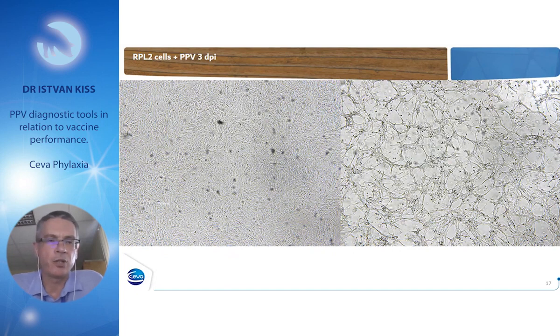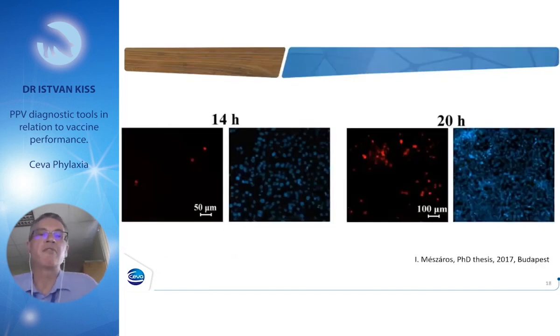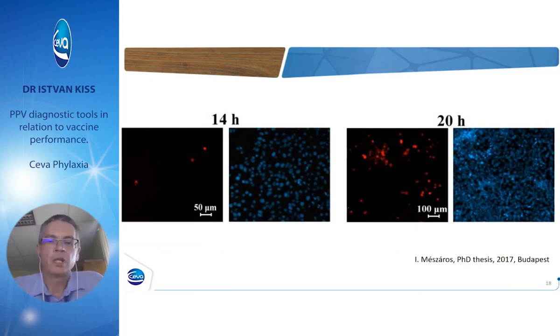And this is another picture that within 6 hours, between the 14th and 20th hour post-infection, you can see a dramatic effect, because the red staining means the ready capsid, while the blue indicates the viral DNA, and you can see that it really kicks off within this period of time.